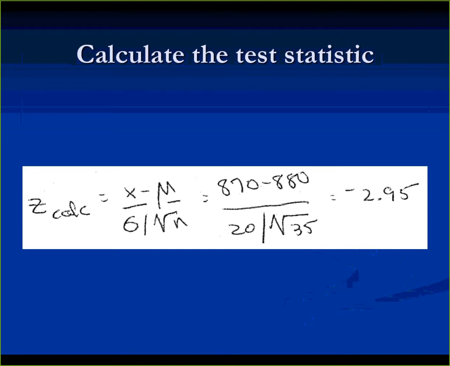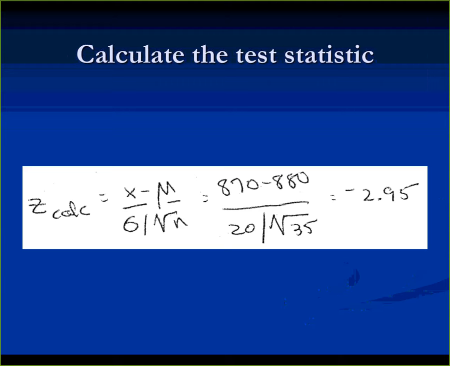You know that the test statistic, Z-calc or Z-test, is equal to the mean of your data set minus mu, which is the mean of the standard in this case, divided by sigma over the square root of n. All those values are given to you, and when you calculate that test statistic, your Z-calc is minus 2.95.